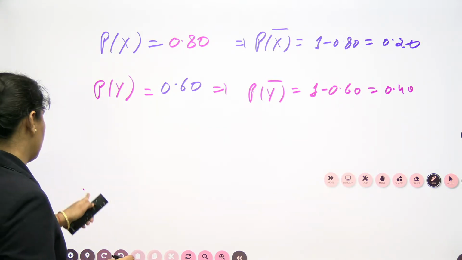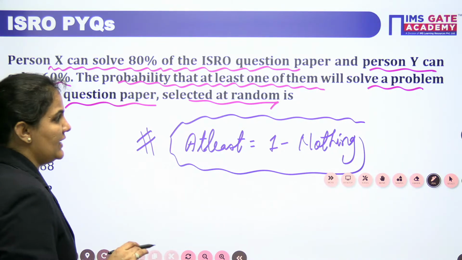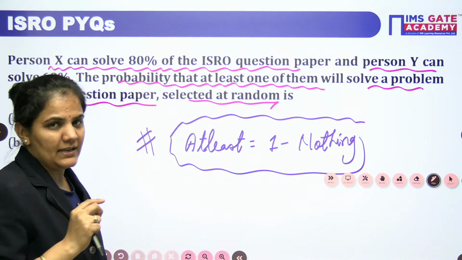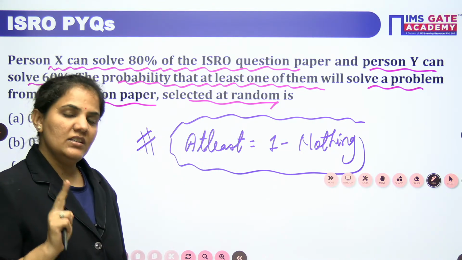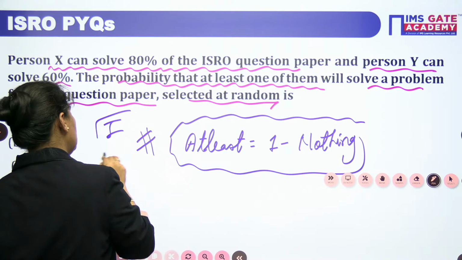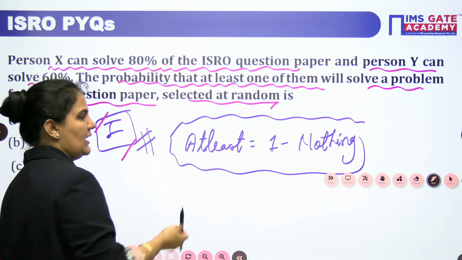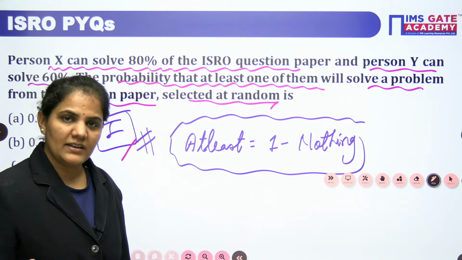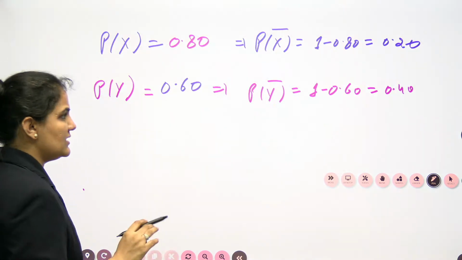As I told you, if I need to find this out, this question we can approach in 2 minutes. This is my first method, where I am approaching at least as 1 minus nothing. So 1 minus nothing is the total probability.